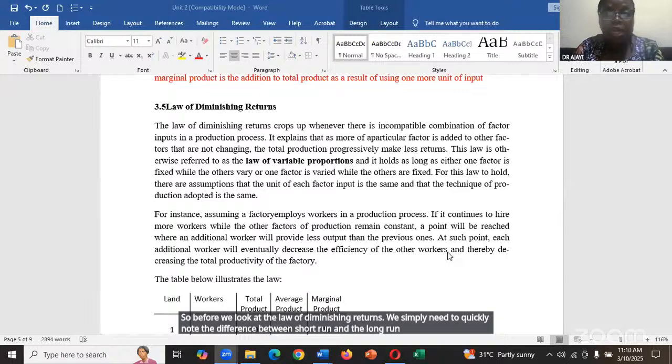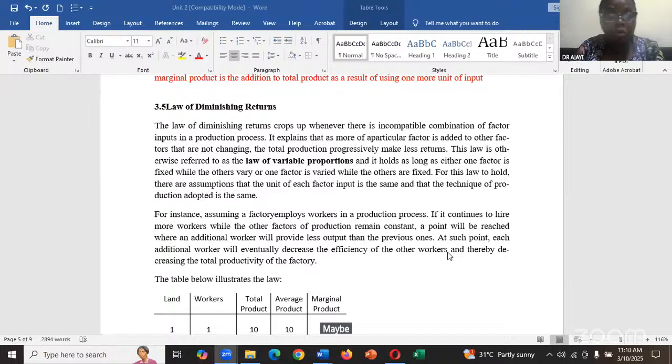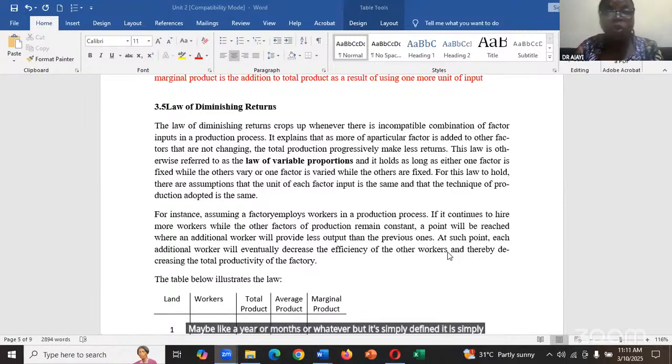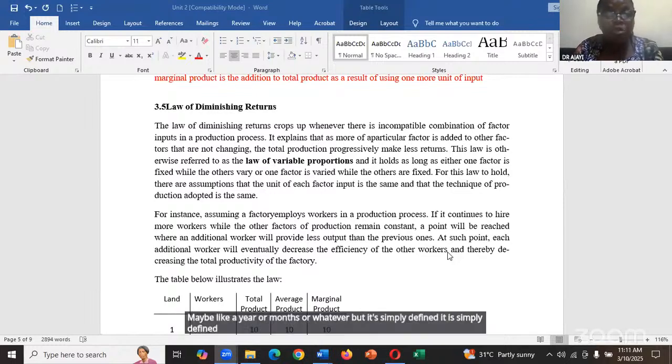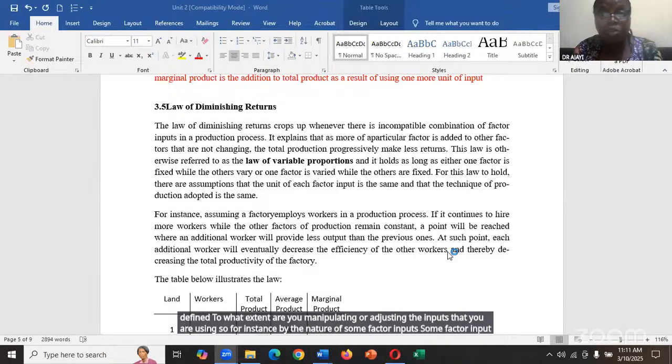When we say a particular production process is in the short run, oftentimes it's not by time horizon, maybe like a year or months or whatever, but it is simply defined by to what extent you are adjusting the inputs that you are using. So by the nature of some factor inputs, they cannot change within a particular time horizon.